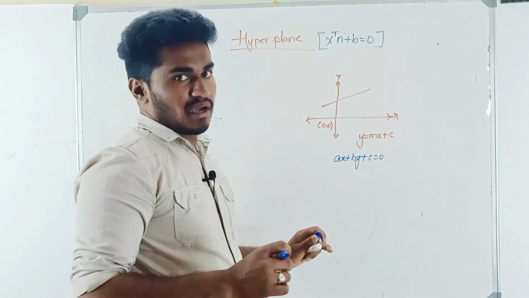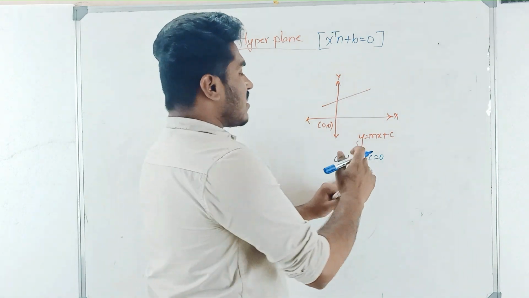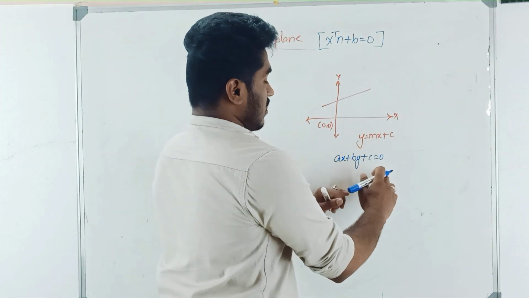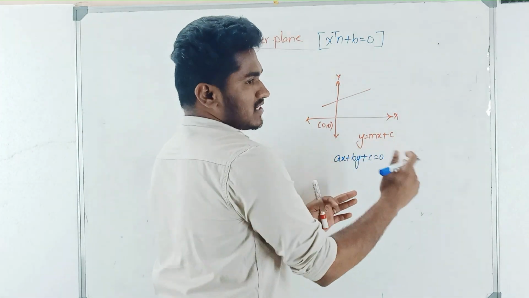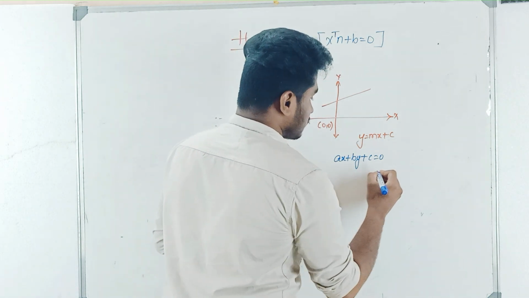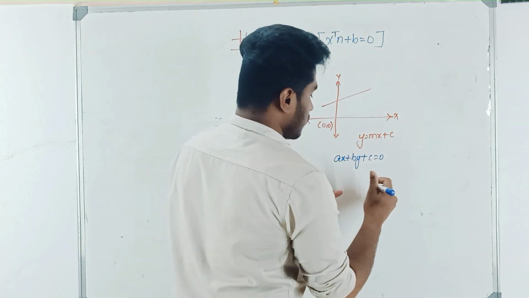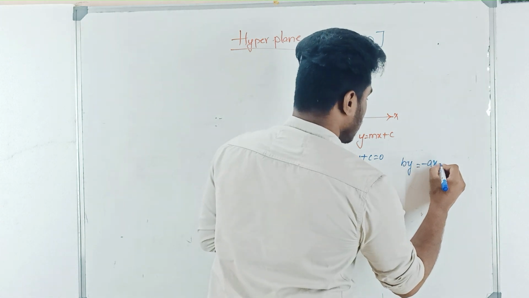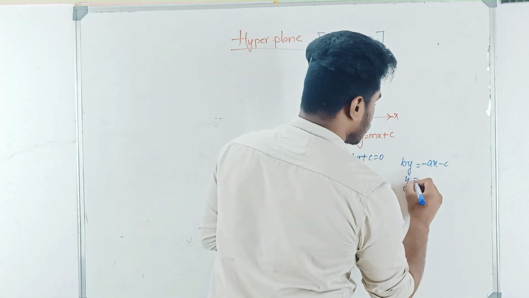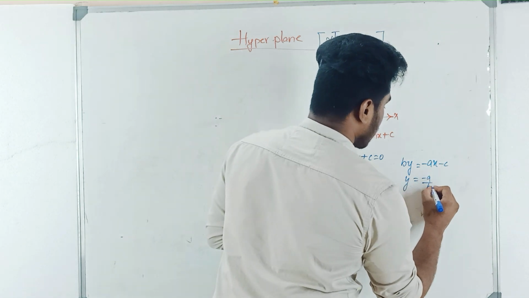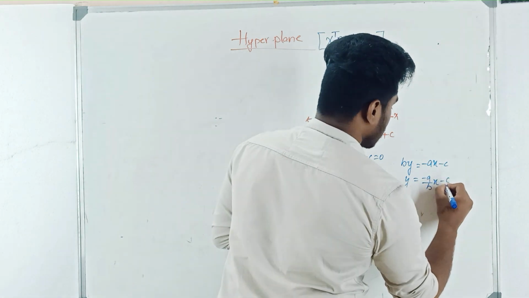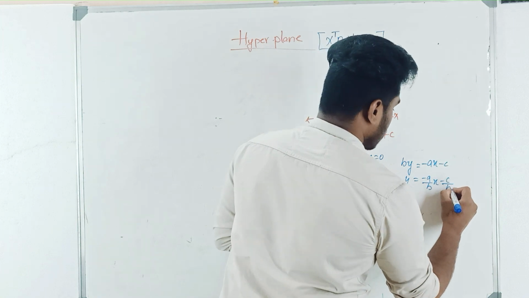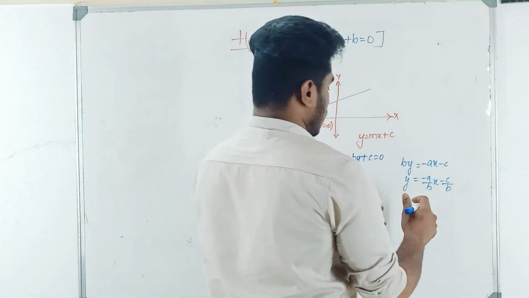We can convert this form to slope intercept form: by equals minus ax minus c, so y equals minus a by b into x minus c by b.